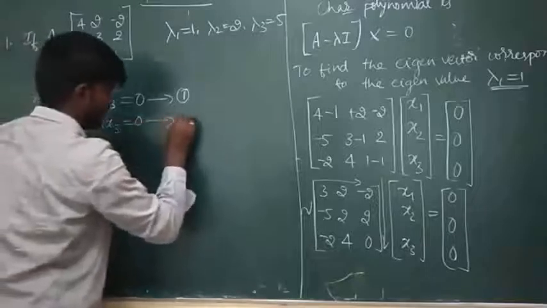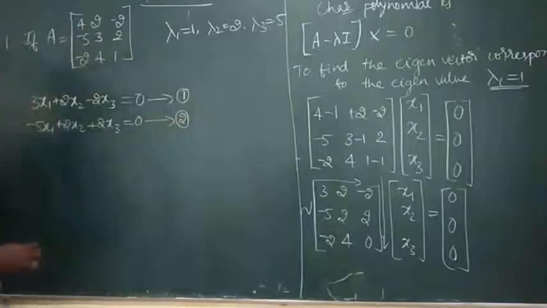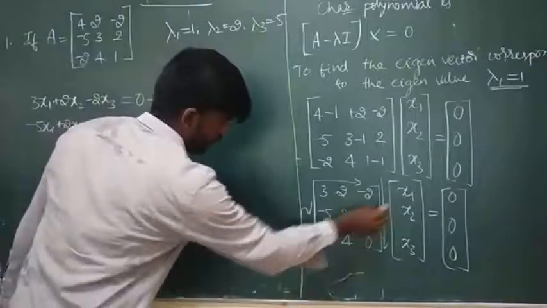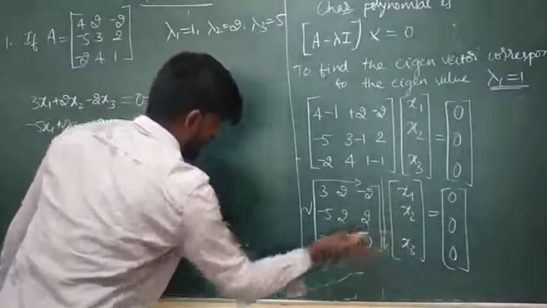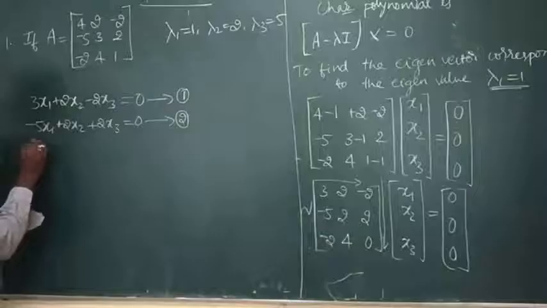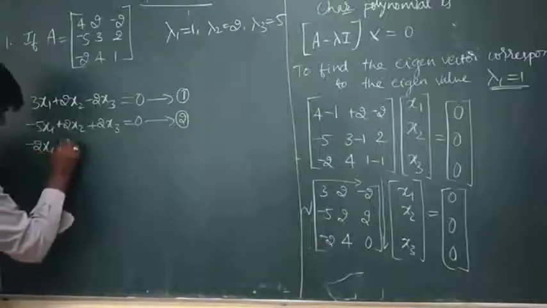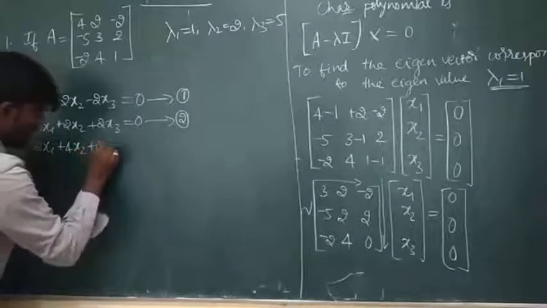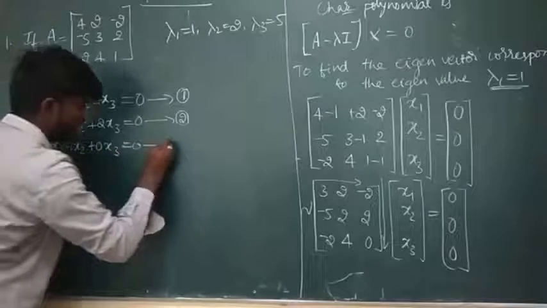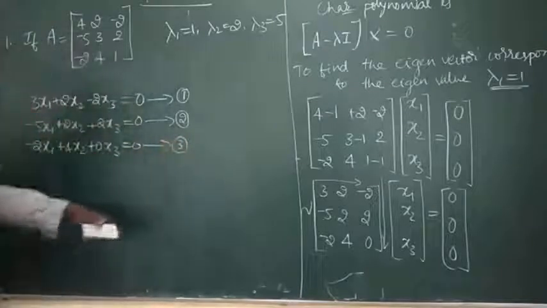We call this equation number 1. And minus 5x1 plus 2x2 plus 2x3, which is equal to 0. We call this equation number 2. And the last one, minus 2x1 plus 4x2 plus 0x3, which is equal to 0. We call this equation number 3.